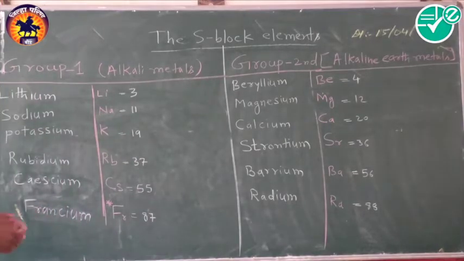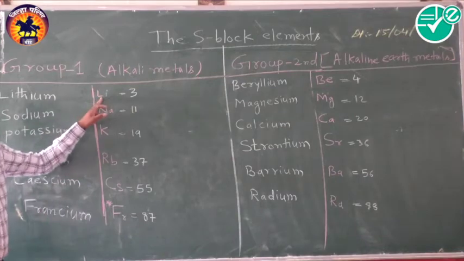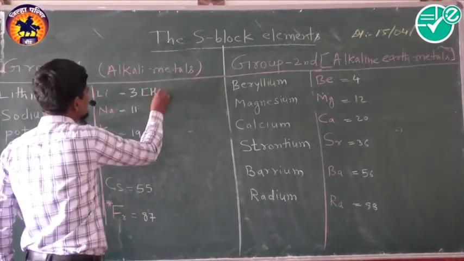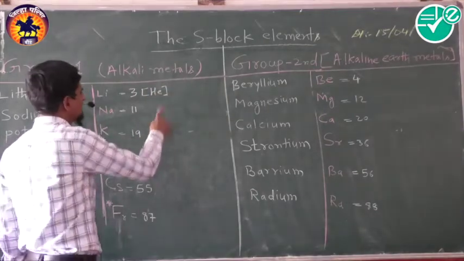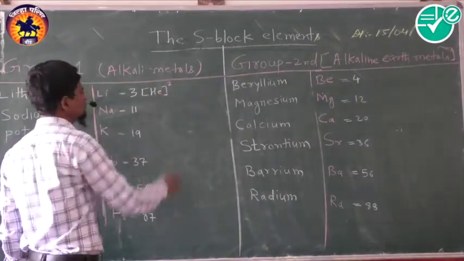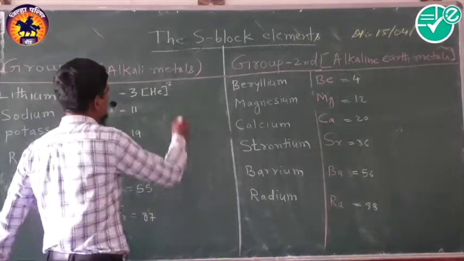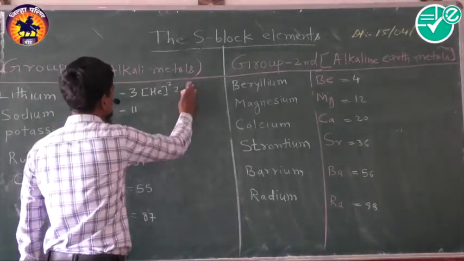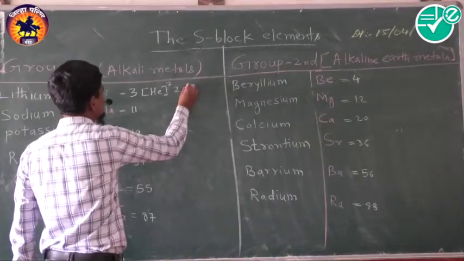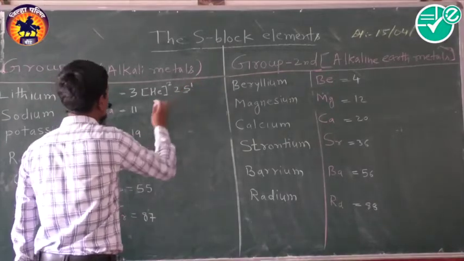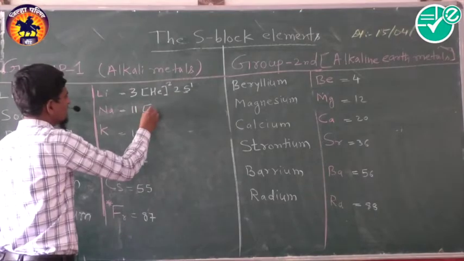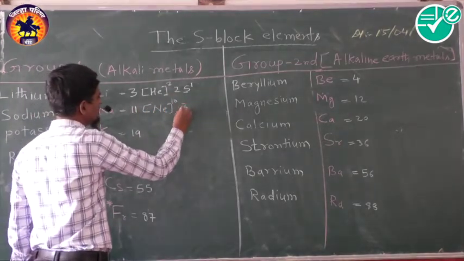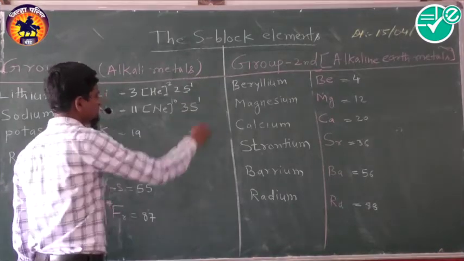We know that before lithium the noble gas present is helium, symbol He, atomic number 2. How many electrons remain? 1. So it is 2s1. Now go in the same fashion. Neon, 10, and the electronic configuration will be 3s1.